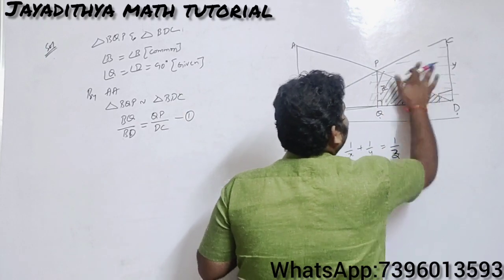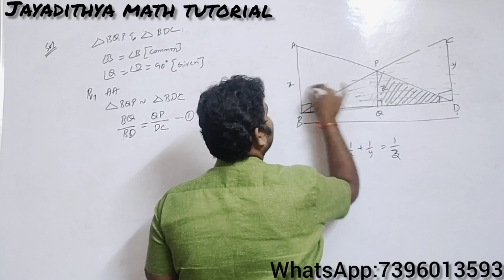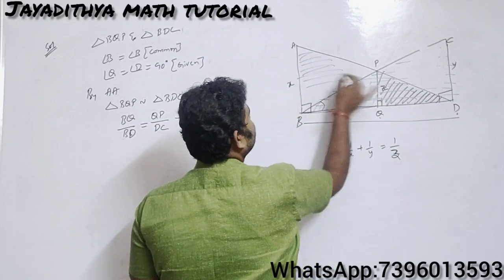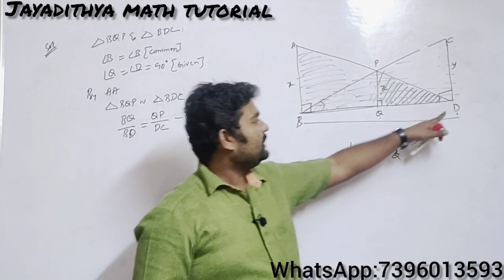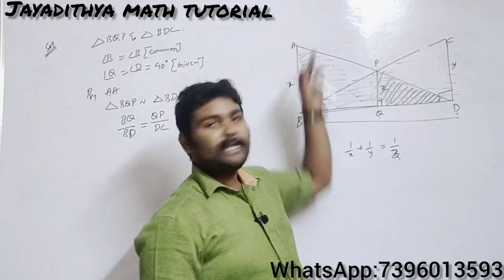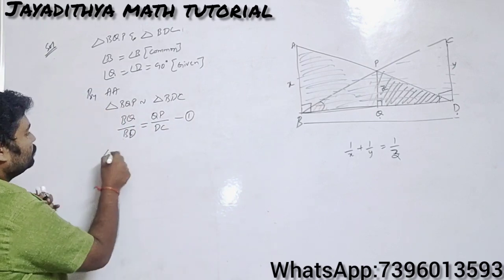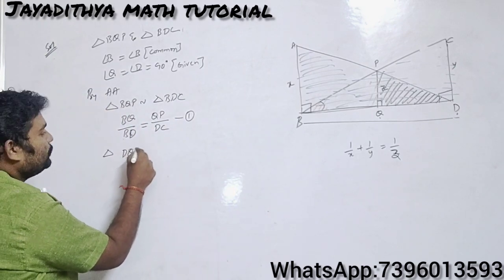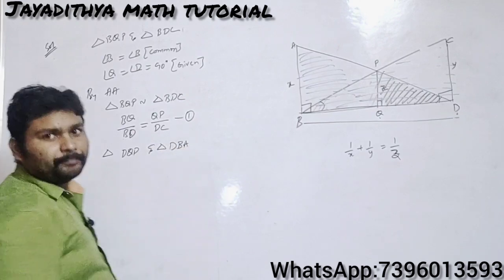Now I am taking these 2 triangles, just the reverse of that one. So take triangle DQP and triangle DBA.